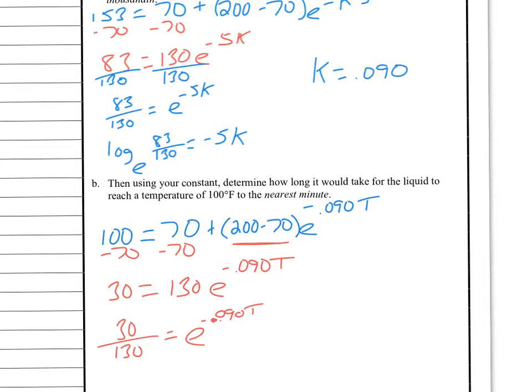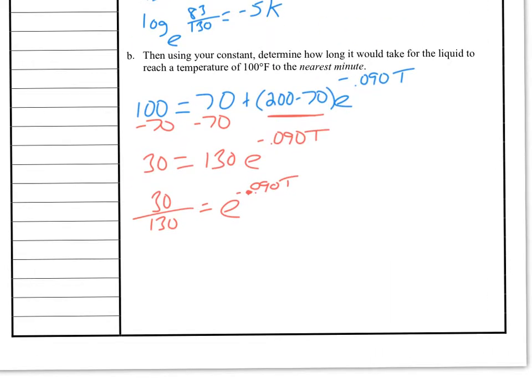0.090t. We're now going to change to logarithmic form. Finally said it right. Log base e of 30 over 130 equals negative 0.090t. Okay, go to your calculator, type it in.